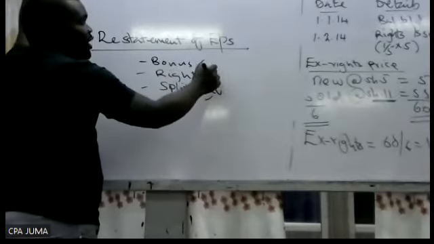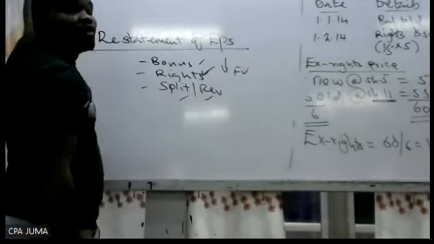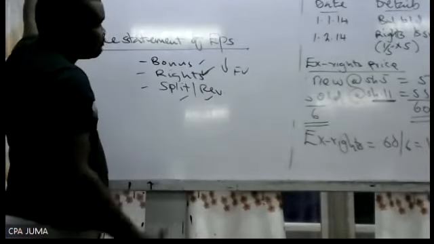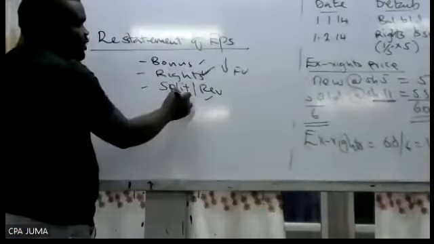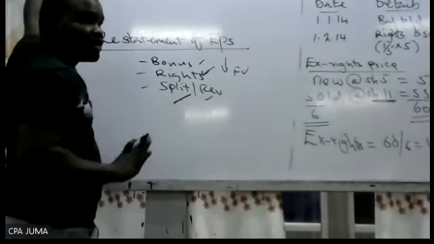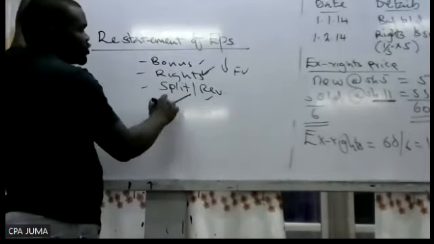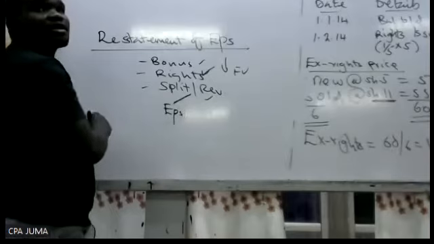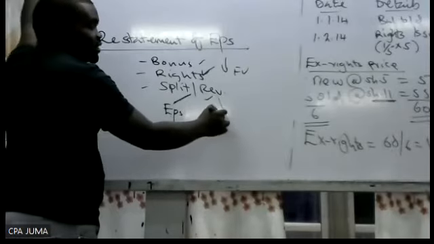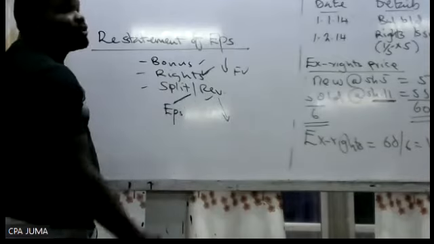Rights issue, you are giving shares at a price lower than the fair value. Share split, when you split, you are reducing the par value, meaning you are likely to increase the number of shares, which will reduce your EPS. When you reverse, you are making shares quite expensive, even scaring people from taking up.